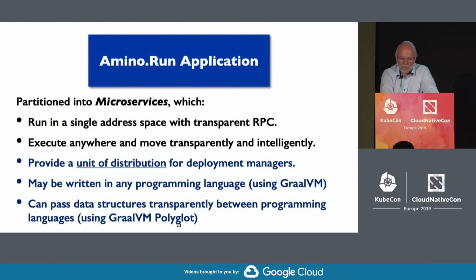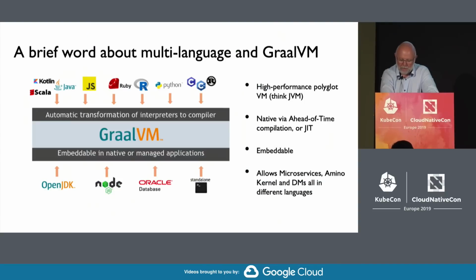And we want to do all of this with support for multiple languages. I'm going to skip over most of this slide. What I would like to mention briefly before handing over to Irene is that we did quite a bit of work to support multiple languages, and we used a thing called GraalVM, which some of you may have come across. I'm not going to go into detail.